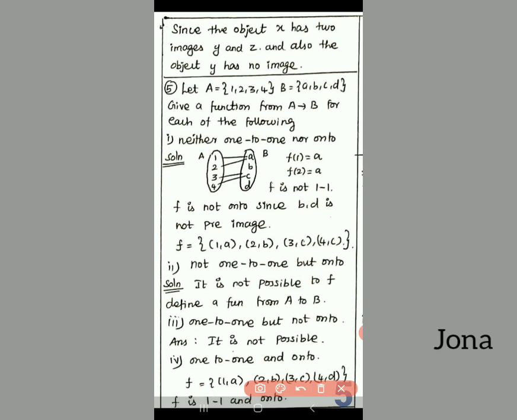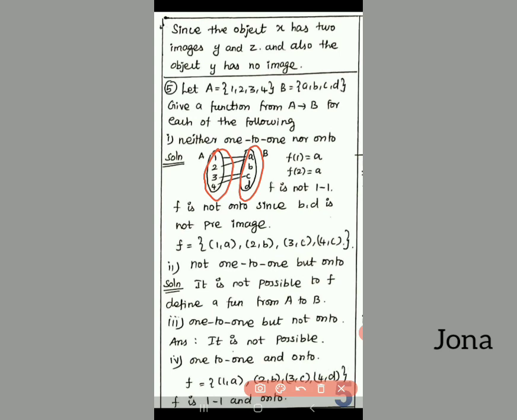Okay, let me take the set A. A has the elements 1, 2, 3, 4 and B also has the elements a, b, c, d. We want to frame the function neither 1 to 1 nor onto.